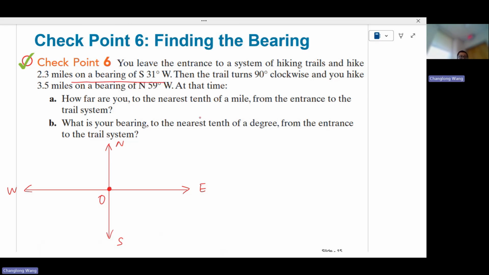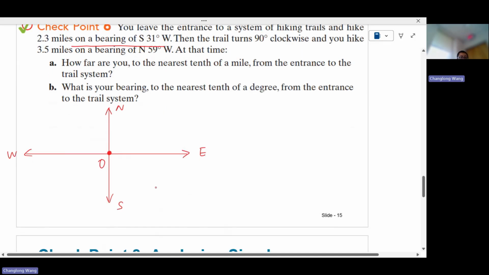The bearing is south 31 degrees west, with a distance of 2.3 miles. So let's go ahead and draw a segment. Let's call it OA. Let's get the O out of the way.